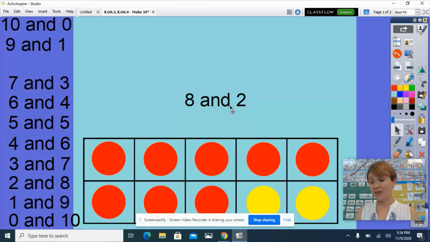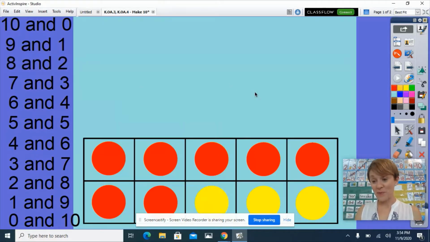When I make 10 on a tens frame, I love to be organized. I keep all my red chips together. I keep all my yellow chips together. That way I don't get confused about which chip to flip over next or if I already made 10 that way. So my next idea is to flip this chip over.